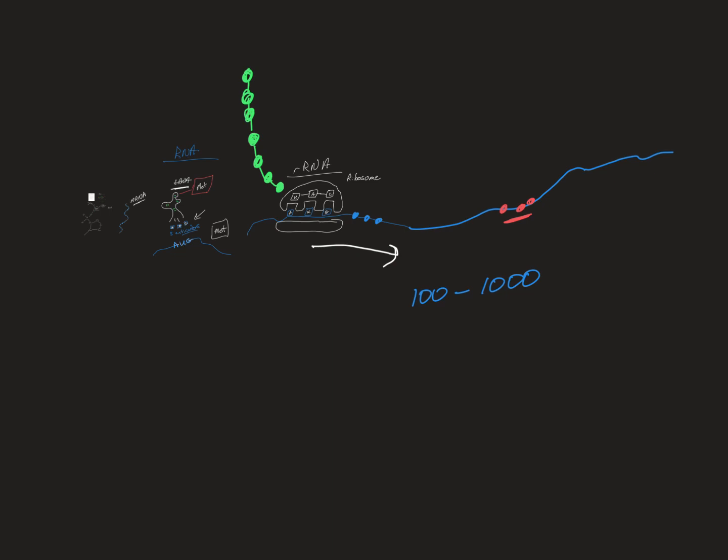So we take this long list of RNA that we copied from DNA. We copied it from DNA, we changed it, we spliced it, we cut it up, we put it all back together. Then we ran it through a ribosome, and for every 3 RNAs, I get 1 amino acid. Boom, boom, boom, boom.